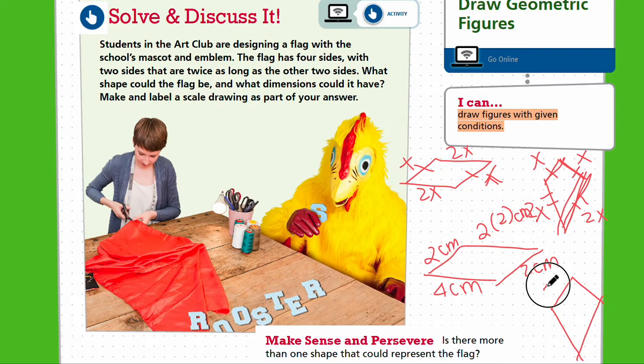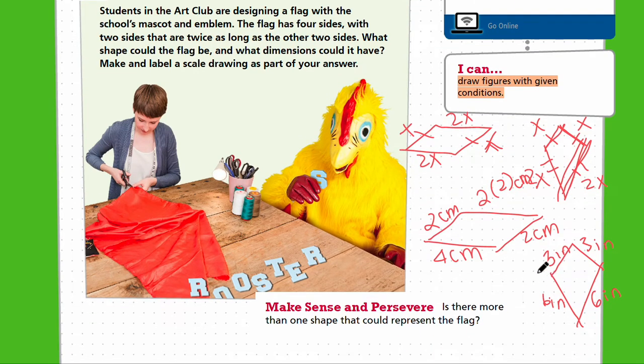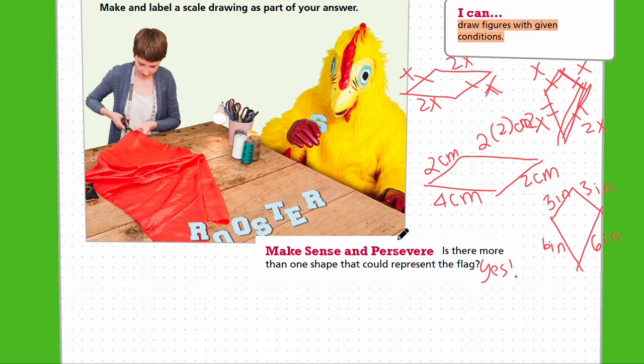If this side, the shorter side, is 3 inches, then the longer side would be twice as long, so 6 inches. We made the scale drawing, we labeled everything, so that's it. Is there more than one shape that could represent the flag? Yes. It could be a kite or a parallelogram.